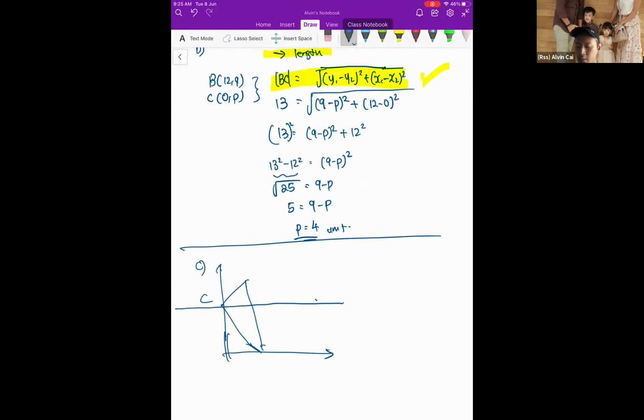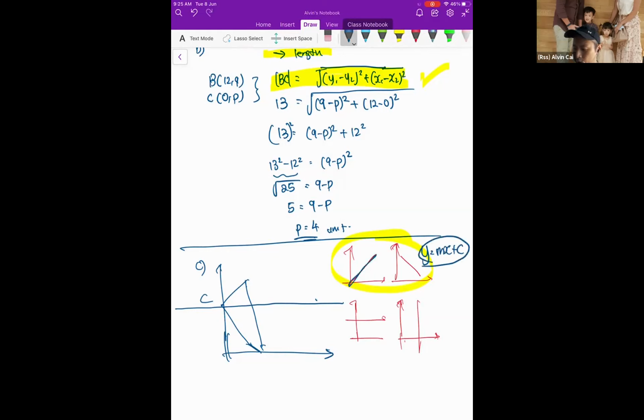Okay, so in short, the equation of a line, I want to bring this back again. There are 4 types of line: going up, going down, horizontal, and vertical. I've been saying this a couple of times. For the first two types, the equation of the line is always y equals mx plus c.